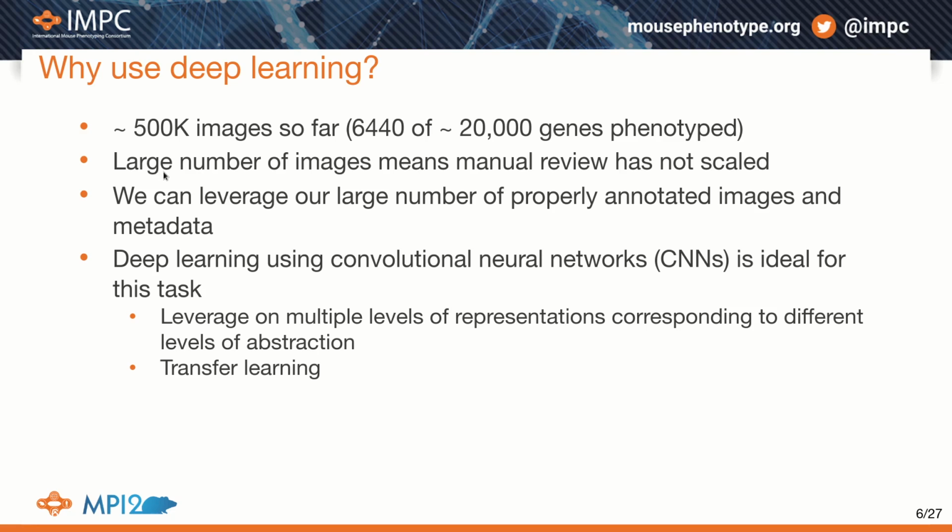and given the fact that we have a large number of properly annotated images and associated metadata, we are looking to use deep learning, in particular convolutional neural networks, which are ideal for working with images, and also because of the way in which they are built, the multiple levels of representation, which have lower level image information at the start of the filters, and as you progress through the network, the later layers have more higher level representations, which are meaningful to human beings.